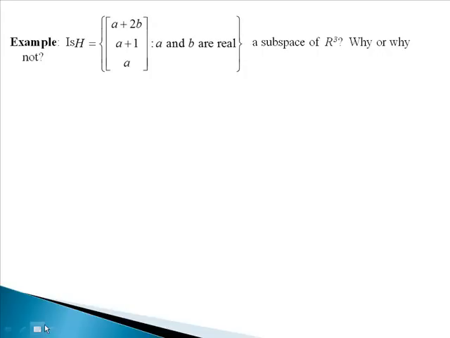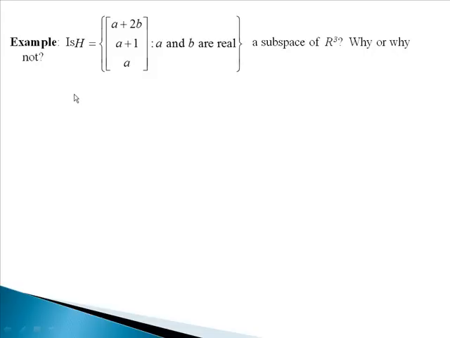In this example, we want to answer the question, is H, defined here, a subspace of R3? Why or why not? We cannot do what we did in the prior example because there is not a B in each of the terms, so we couldn't factor B out. So we can't write it as a linear combination. And so now we want to try to provide a counterexample.